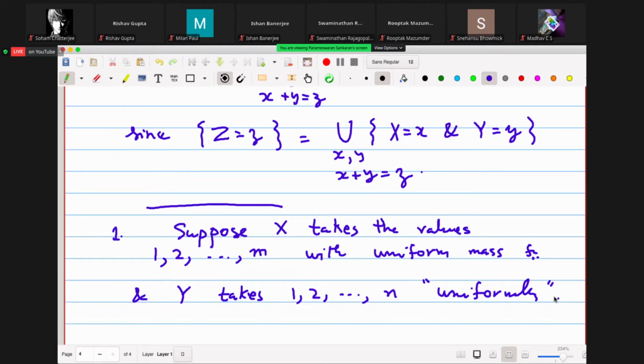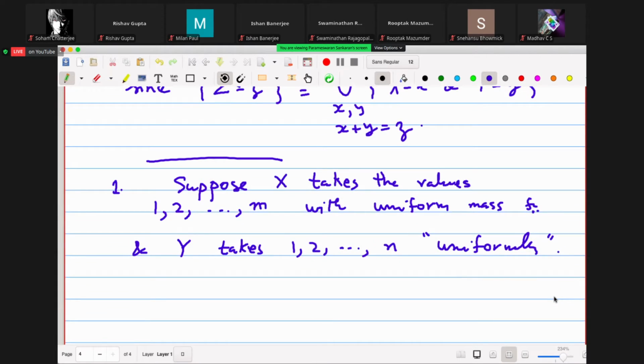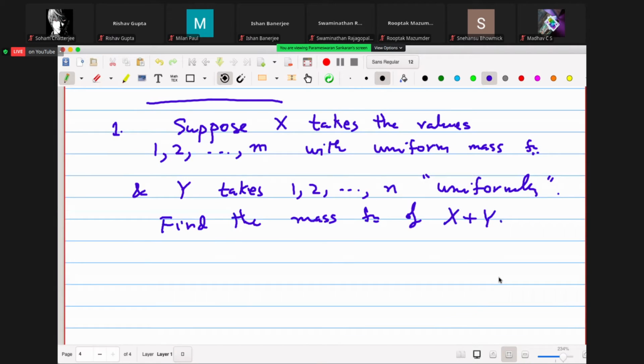Find the mass function of X plus Y. Let us call this Z, so Z is equal to X plus Y.